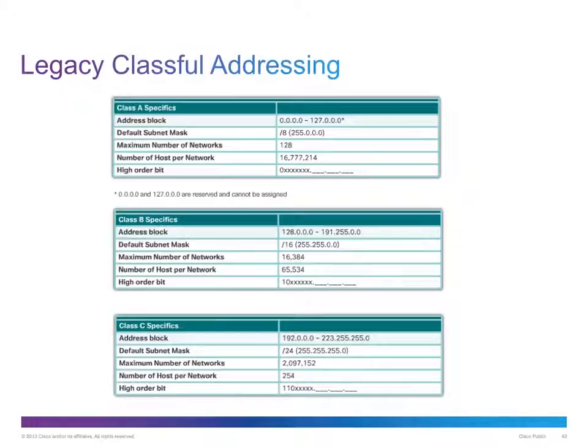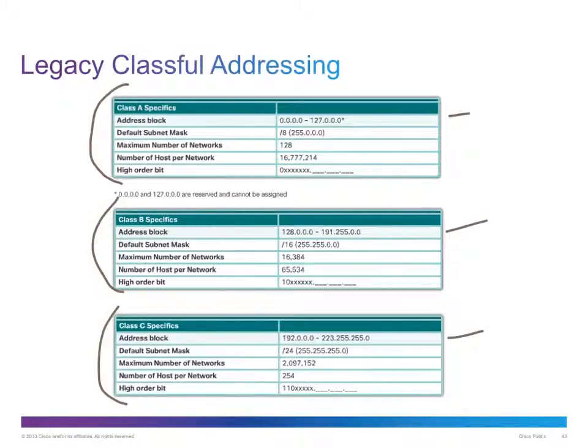Going back in history, addresses were classified. We had A addresses, B addresses, and C addresses. You will run into people that will still reference those, and they give the ranges here of where they go.